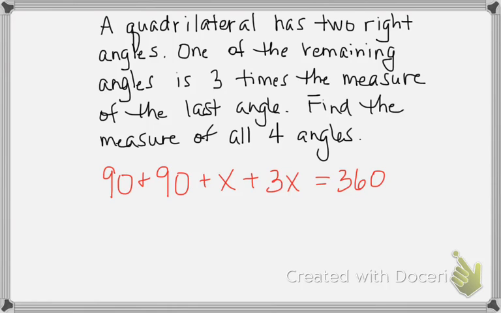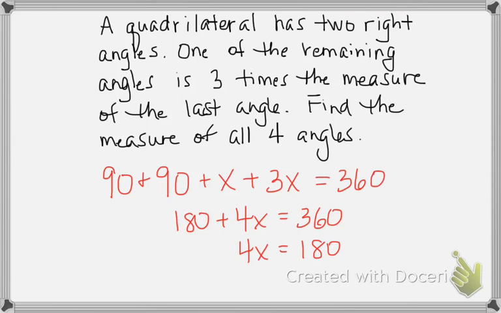All right, so now you've just got a few steps of math to go through. So 90 plus 90 is 180. X plus 3x is 4x. If I subtract the 180 off of each side, you'll get 4x equals 180. And then divide 180 by 4, what do you get?